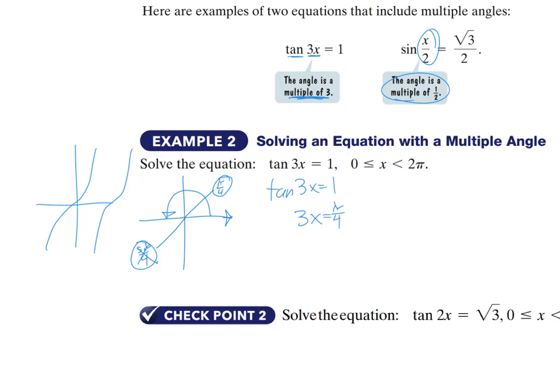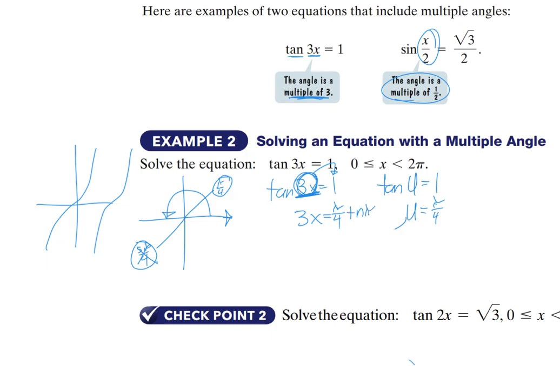It's almost as if we used a different variable and said, tangent of what angle u equals 1? Well, that happens when u is pi fourths, but u is 3x. So we have 3x equals pi fourths, but I need to add the n pi here.